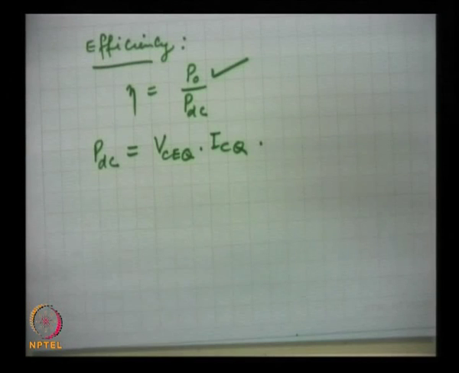Now, we can find out what, on an average, is the value of the collector current which is drawn from the battery, and you might have done the average over the period by using integration.